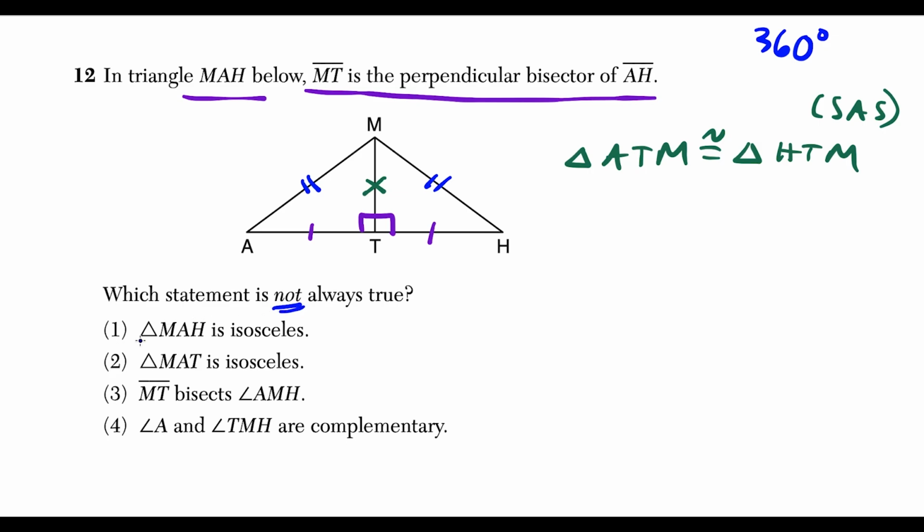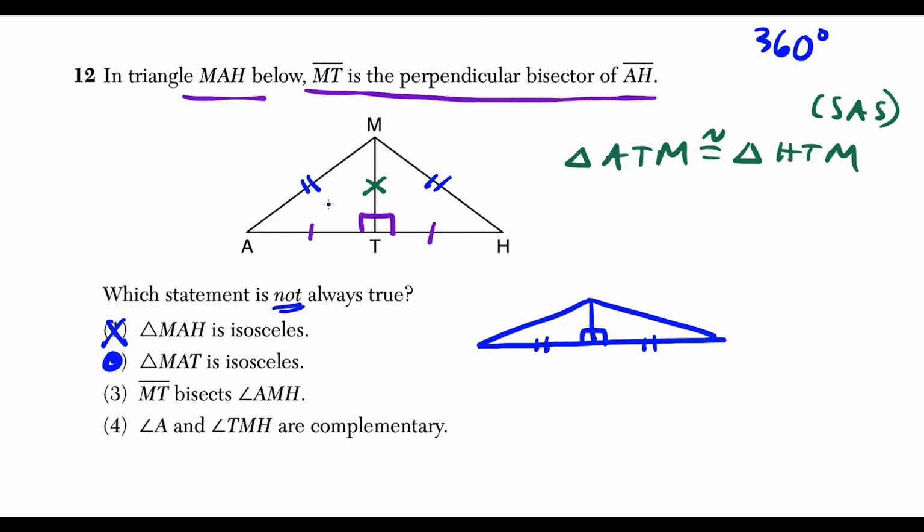We want the one that's not always true, so this is out. MAT is isosceles. It looks like it based on the way it's drawn, but it's not always true. I could draw a triangle that's really flattened out like this, and what you notice is when I drop down this perpendicular bisector, you could clearly see here that these two congruent sides are not equal in measure to that altitude. So this is not necessarily true, so that's going to be our answer.